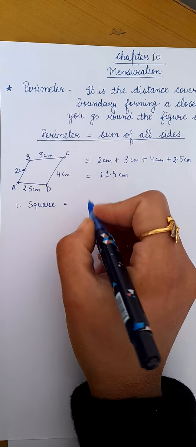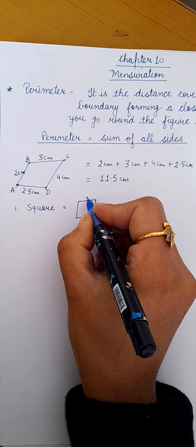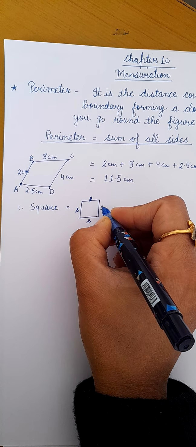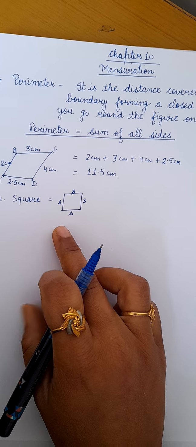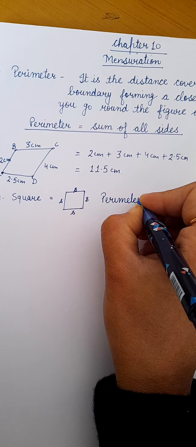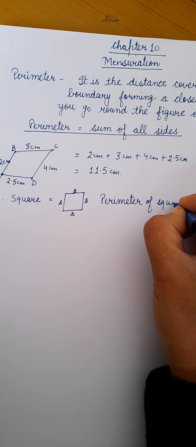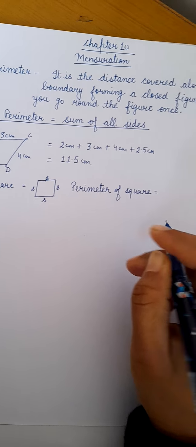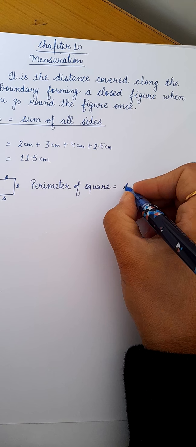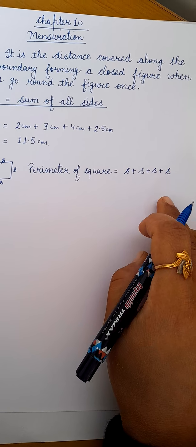What is a square? A square has a special property that all its sides are equal. Let's name them with the variable s. If all its sides are equal, then what will be the formula for the perimeter of a square? Perimeter of any figure is the sum of all sides, and all its sides we have represented by the variable s.